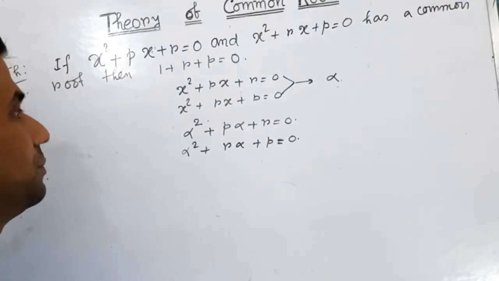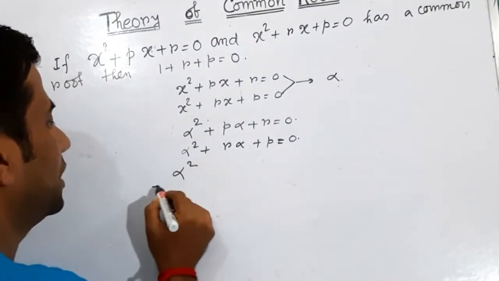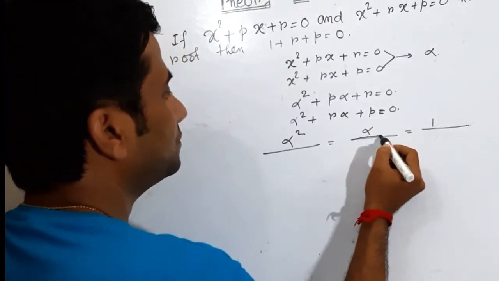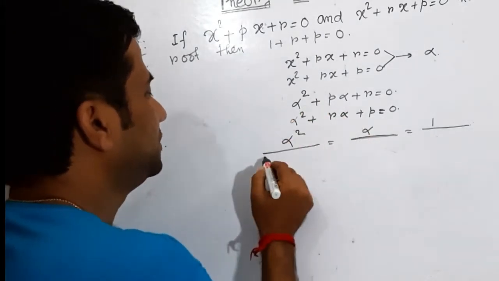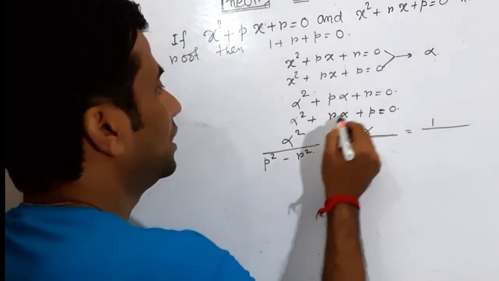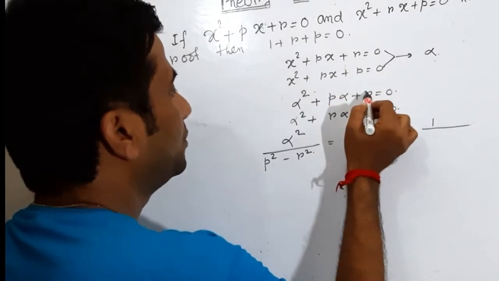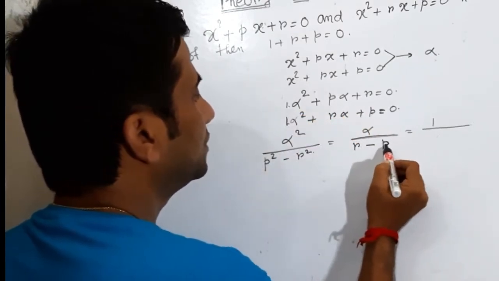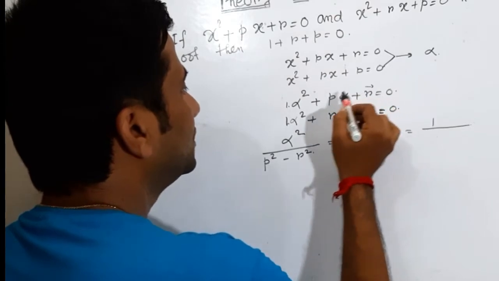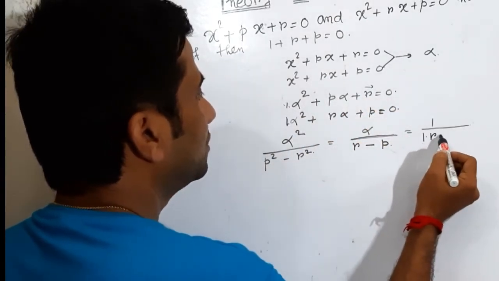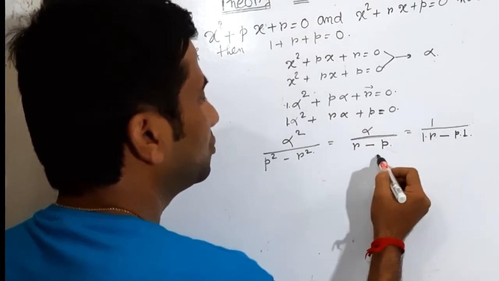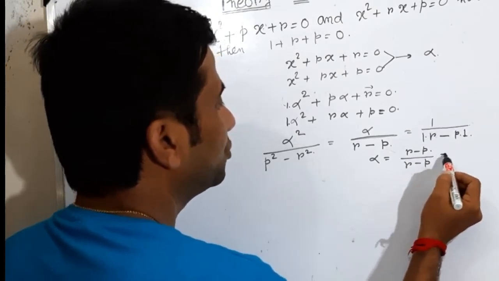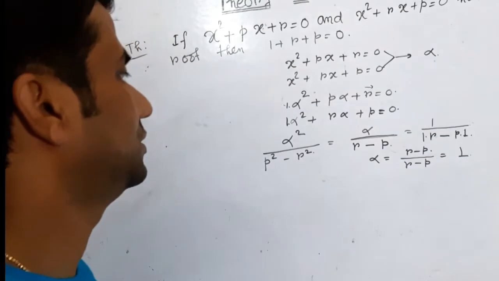Now cross multiplying, we get alpha square by p square minus r square, alpha by r minus p, 1 by r minus p, so alpha is equal to r minus p by r minus p. So from here we get alpha is equal to 1.